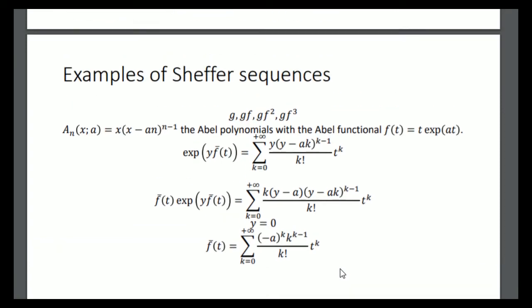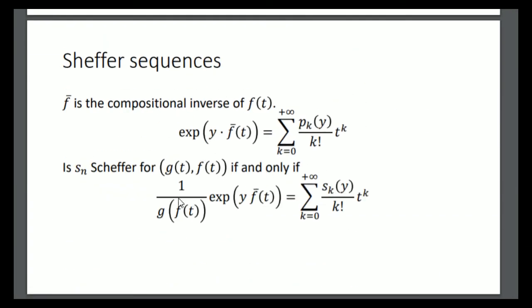Another one would be the Abel polynomials, presented here with the functional g of t to be t times exponential of at. And if you apply it with the formula seen earlier, the formula was this one, 1 over g of f bar of t times exponential, and so on.